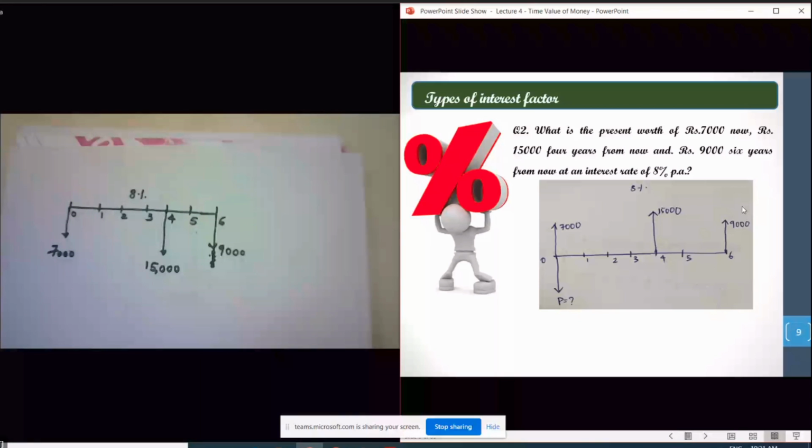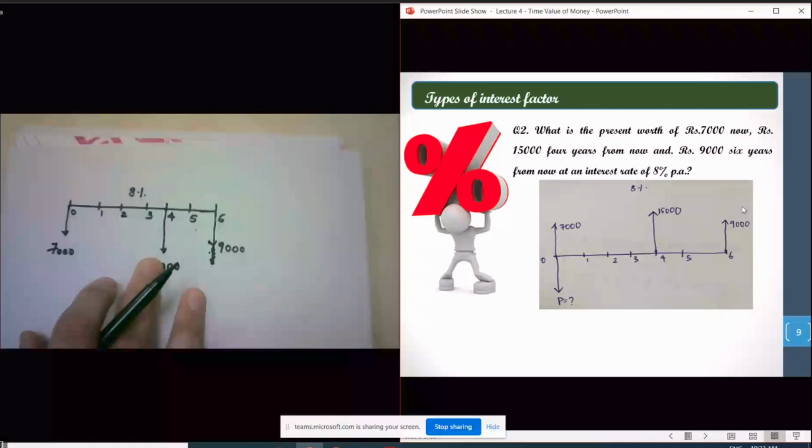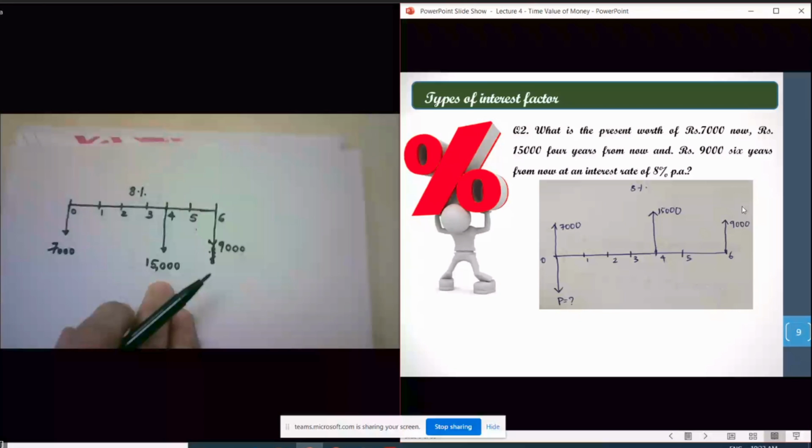In this question there is no withdrawal or receipt, so you can draw either a downward arrow or an upward arrow, because we have amounts on only one side. It does not make any problem for us. Either you can go with the downward arrow as given here, or with the slide where they have written it with an upward arrow.